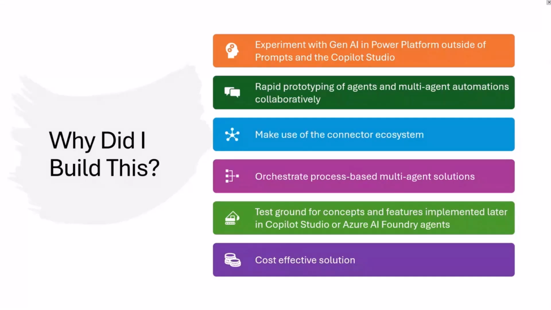And then I thought, okay, let's create a custom connector that would allow me to run my agents inside Power Automate. Thanks to that, I can orchestrate them in a very flexible way. I can run them in parallel, sequentially, or just use them as a simple prompt.